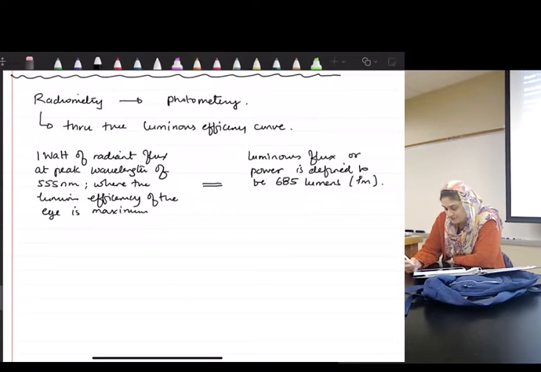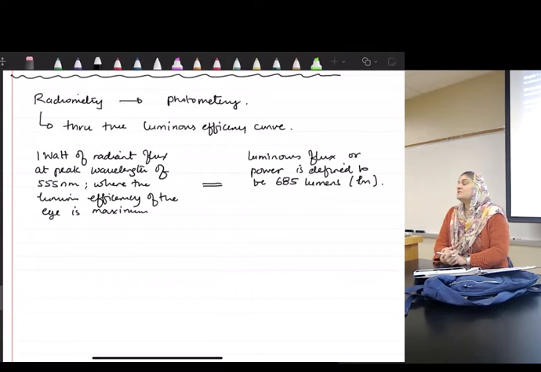That's not 1, that's L. Lumens. So now we're going to relate these quantities to each other.